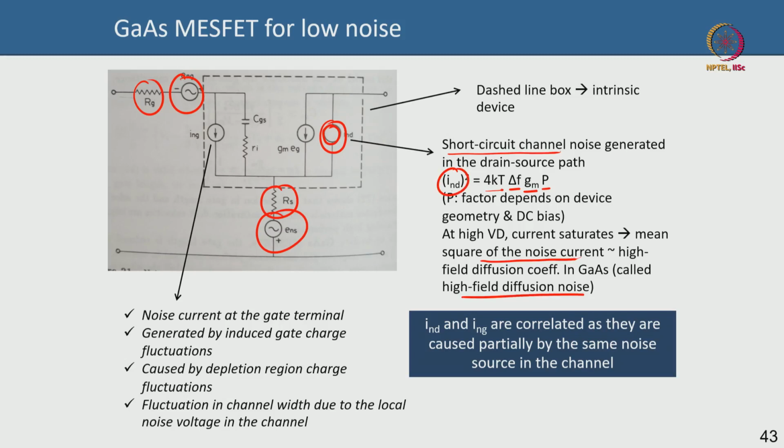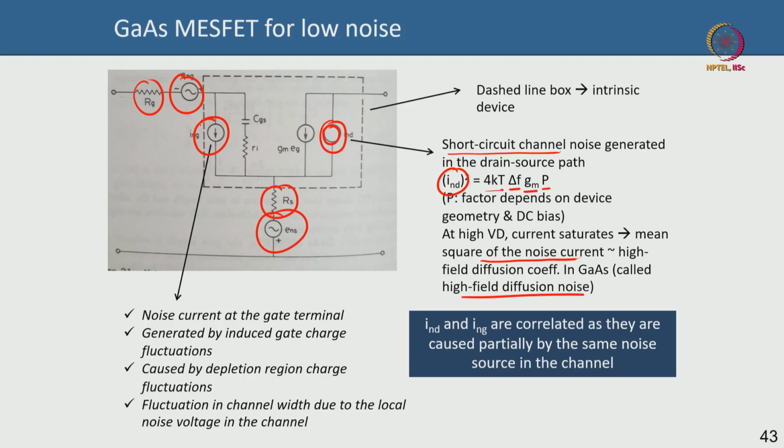There is something called the high field diffusion coefficient in gallium arsenide or any other material, and the noise originates from the carriers themselves because they are going in the channel, they are a significant source of noise. This is the drain noise, the noise at the output you are talking about.